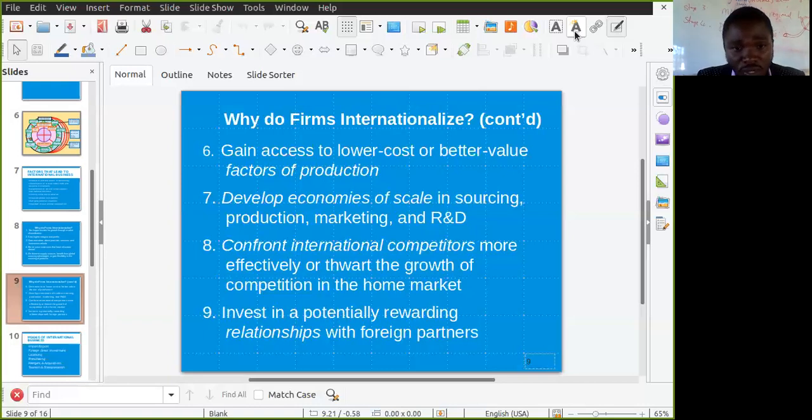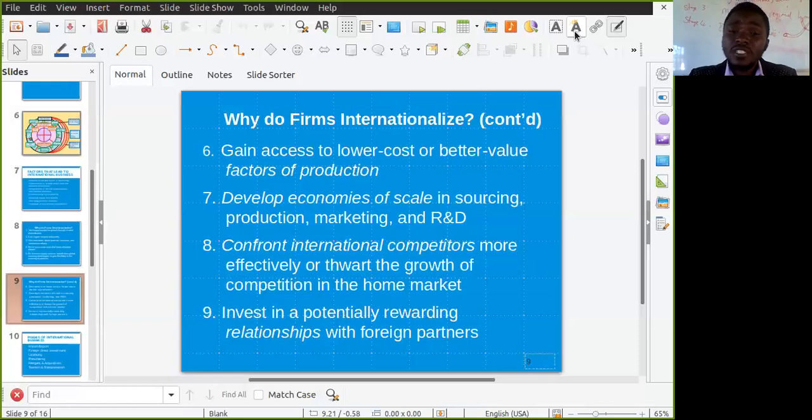Hence, for this reason, firms won't be able to change the price, but they have options at their disposal. They can decide to go international or to venture into other locations. By doing so, the firm won't reduce the price or increase the price.